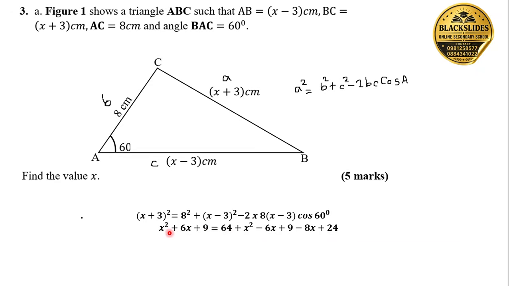You see x squared is appearing on both sides, which means it can disappear. Simplifying gives us 20x is equal to 8, and then solve for x. Solving for x will give us 4.4. Kindly go through this a number of times until you are able to do it by yourself.